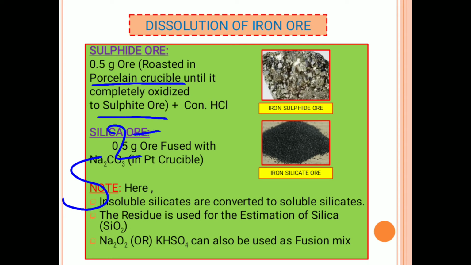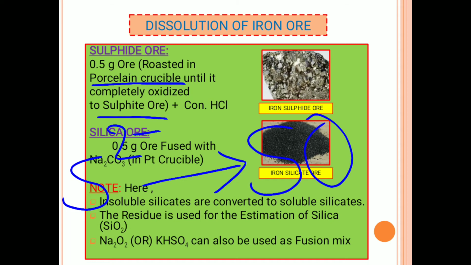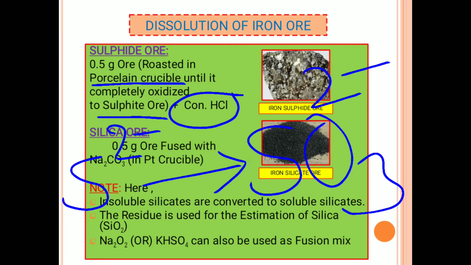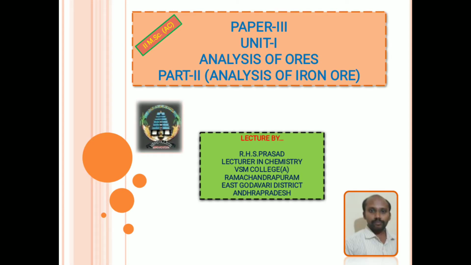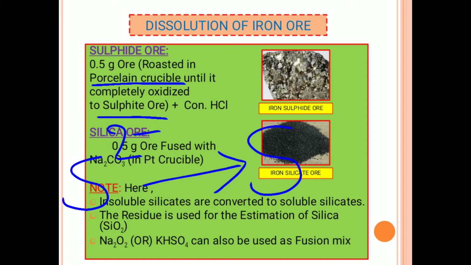Sulfide ore must be roasted in porcelain crucible until it is converted. After that, you need to add concentrated HCl solution. Then automatically that ore will be dissolved in concentrated HCl solution. Okay.